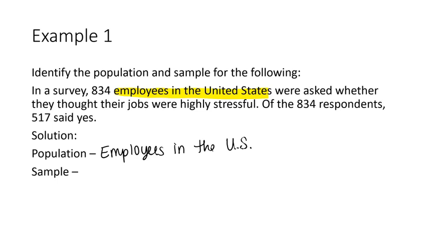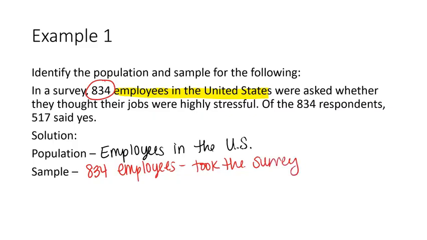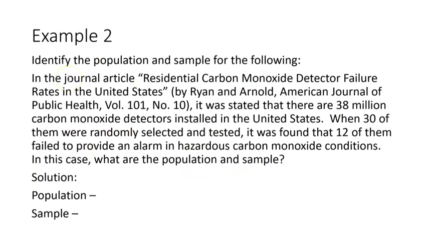The sample is, who are the ones I actually talked to? Those would be the 834 employees who actually took the survey. So hopefully we understand that the population and the sample should be related to each other. Population, the big group, the sample, the smaller group I actually got to talk to.